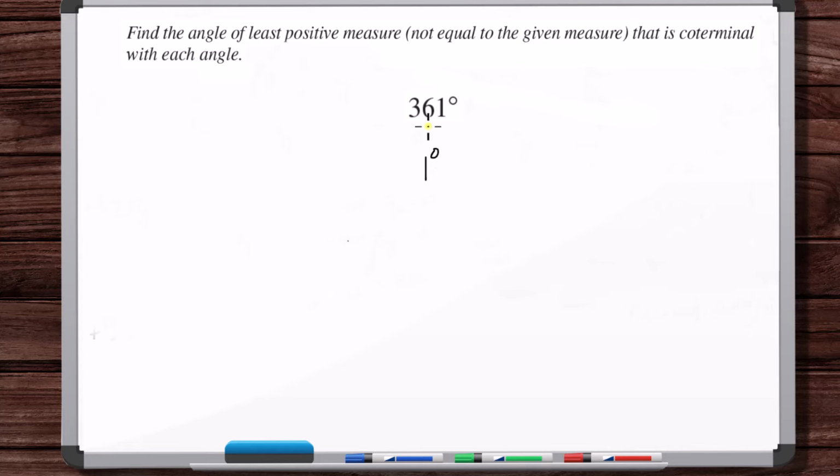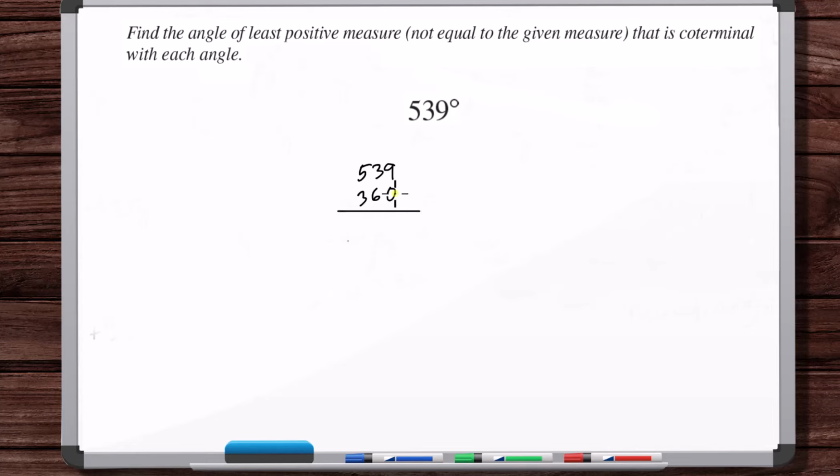That's coterminal, right? If you think about it, what is 361 degrees? Well, if you rotate 360, then you just go 1, you're right in here. Well, what's coterminal with that? 1 degree. Okay, here let's subtract 360, and if we're still above 360, we'll subtract 360 again.